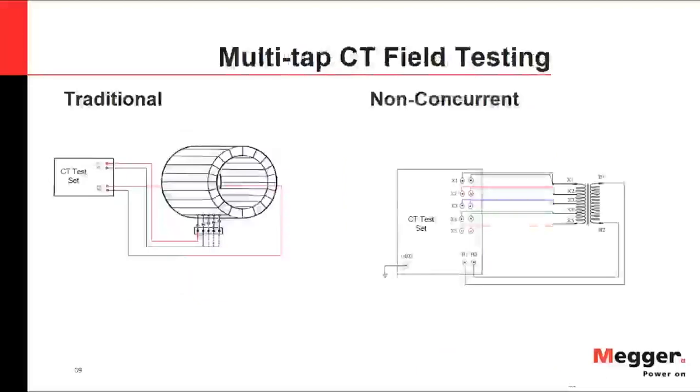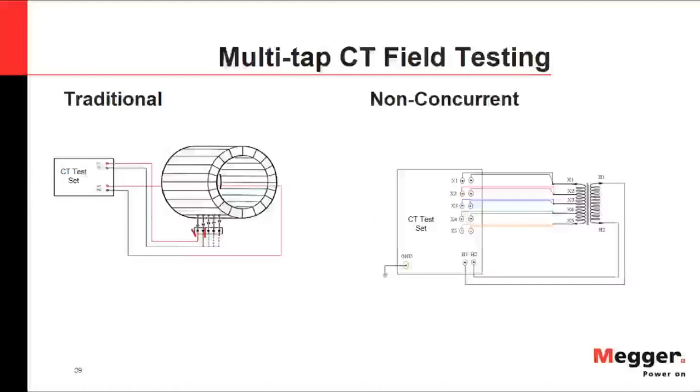The traditional method was you use your CT test set, and you start looking terminal by terminal between X1 and X2. Then you go X1 and X3, X1 and X4, X1 and X5. And after doing your ratio test, then you go on your winding resistance test, and you start looking again into X1, X2, X1, X3.